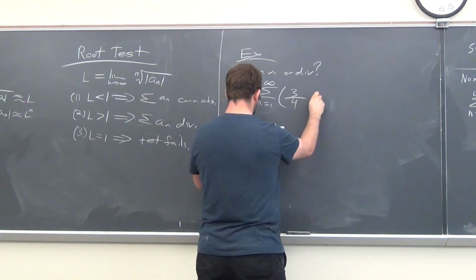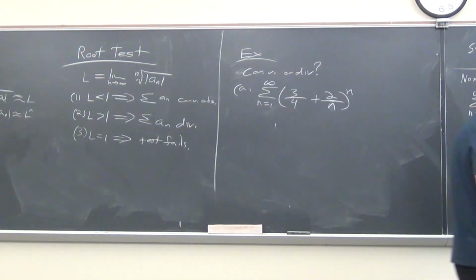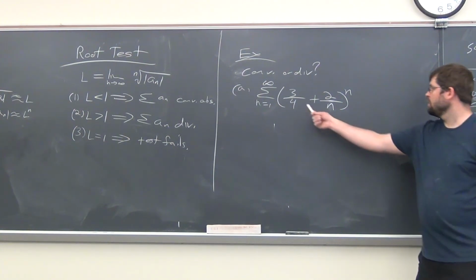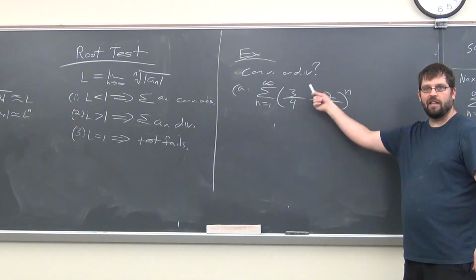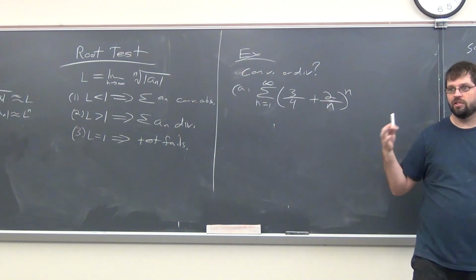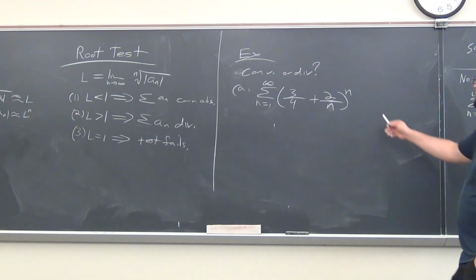We'll start with one that's basically for free if you know the root test. Okay? So here's a series. A bunch of stuff's happening, right? You're getting close to 3/4 on the inside. You're raising it to an infinite power, right? And so there's some hope that it converges because you're getting a number smaller than 1 and you're raising it to this power.